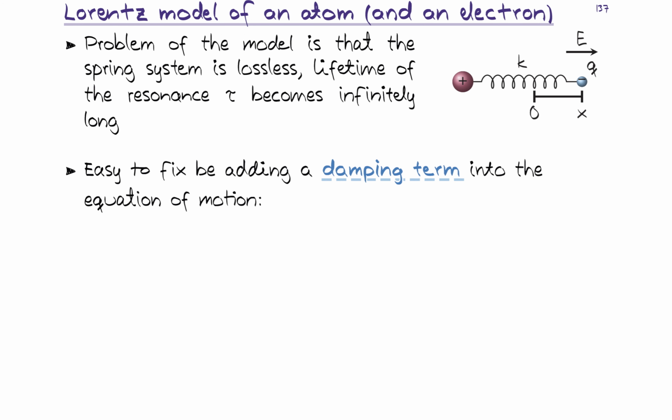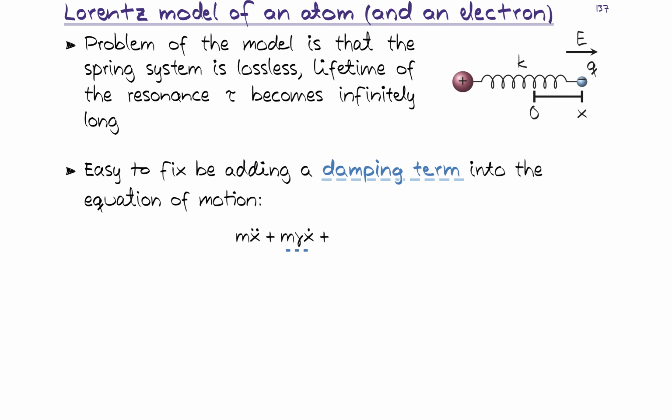This can be easily done when we add a damping term into the equation of motion. So we add this kind of term there: the mass of the electron times gamma, where gamma is a damping term, times the first time derivative of the displacement of the electron.